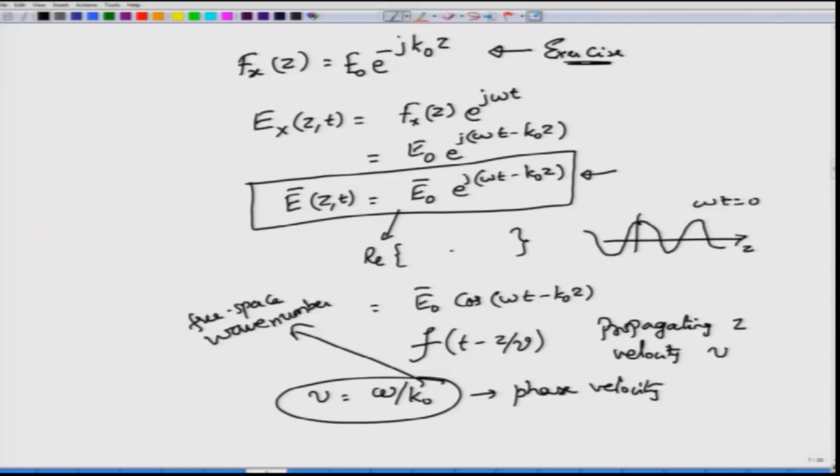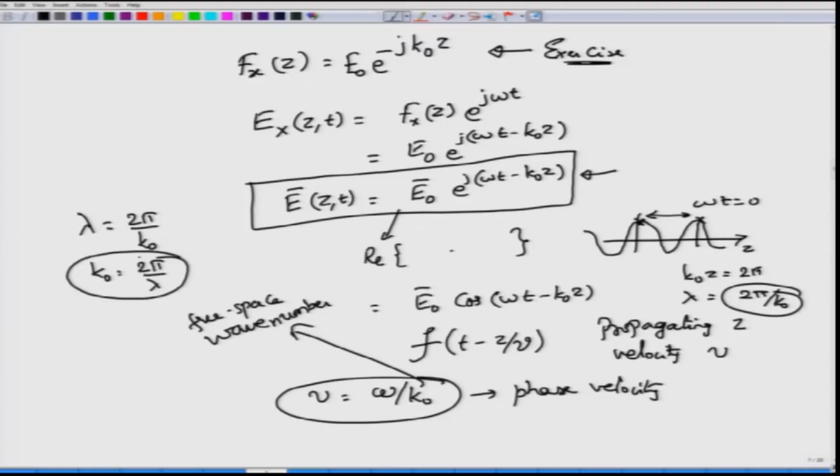So, at z equal to 0 it will have its maximum, and after passing through one cycle it will have another maximum when k0 z is equal to 2 pi. The distance between these two, which is given by 2 pi by k0, is called the wavelength of this wave. So, you have wavelength lambda given by 2 pi by k0, or more popularly you write k0 as 2 pi by lambda.